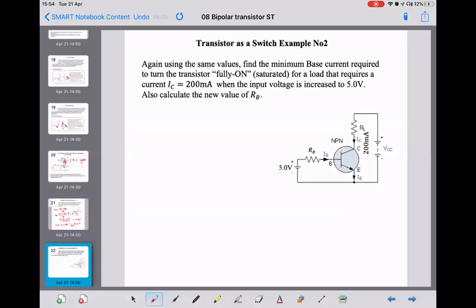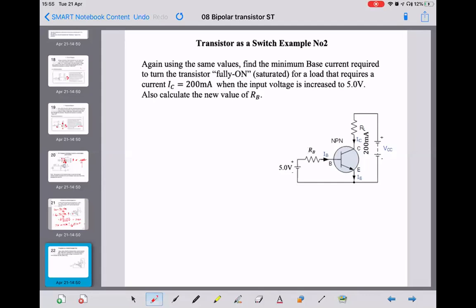So using the same values from previous examples, we have a load that requires a current of 200 milliamps, IC is 200 milliamps. I'm going to input 5 volts, and calculate what the new value of RB is required. So what do we need to calculate first?